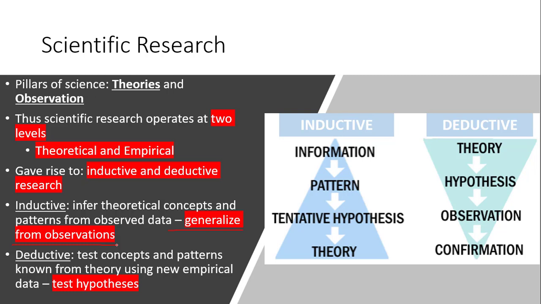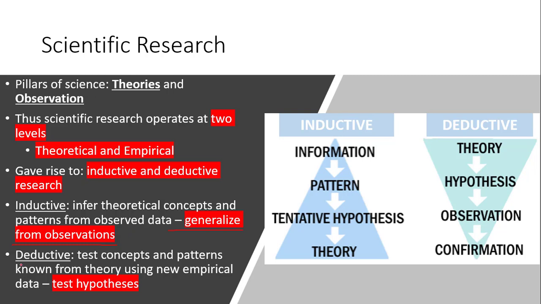So we are inferring theoretical concepts and patterns and relationship from observed data. So we collect data and we try and look at what are the general patterns that can be observed from these observations to formulate theories.